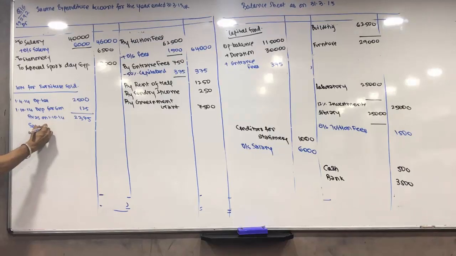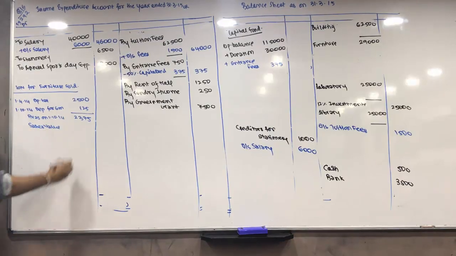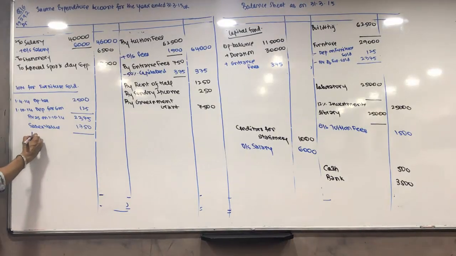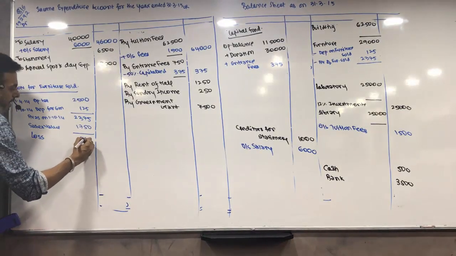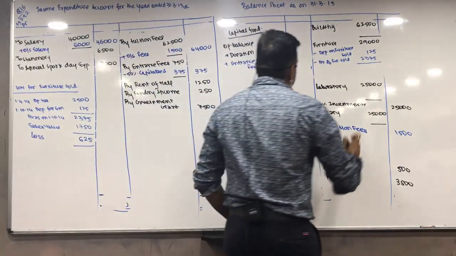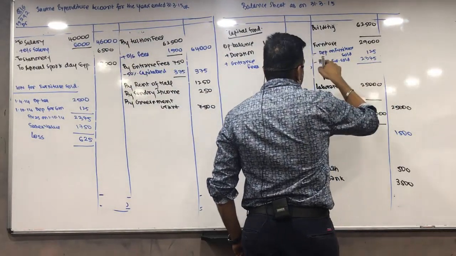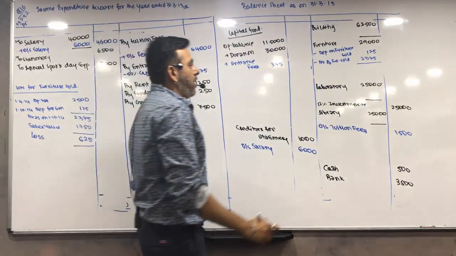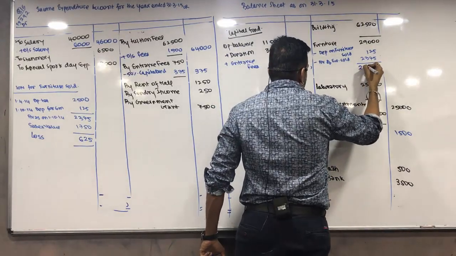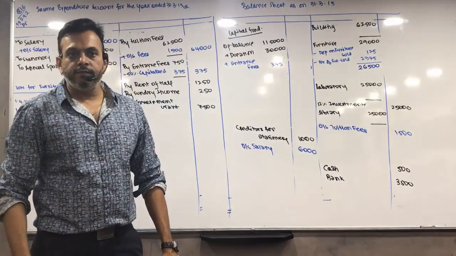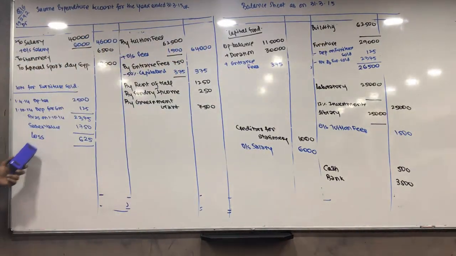What is the sales value? 1750. So loss of 625. That's right. So loss is 625. Now depreciation on furniture sold 125. Book value of furniture sold is 2375. So how much is it? 2500. So 26,500. Now all of you have written this working.